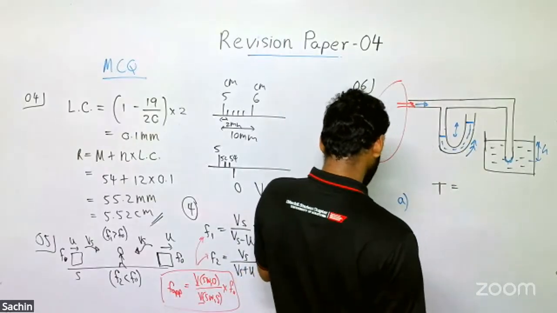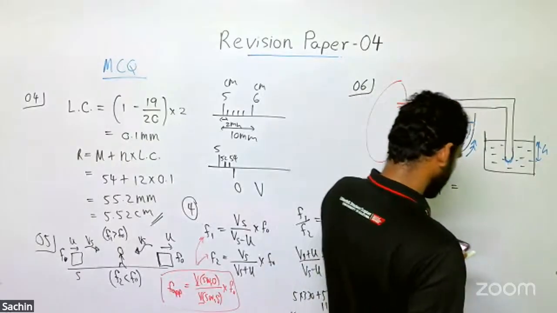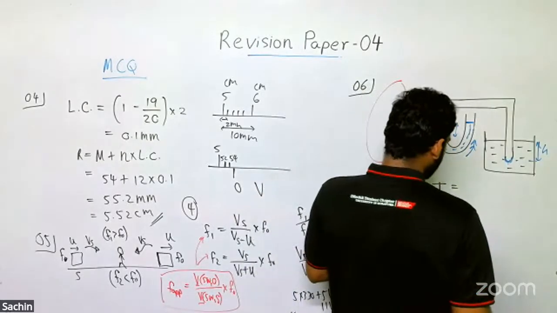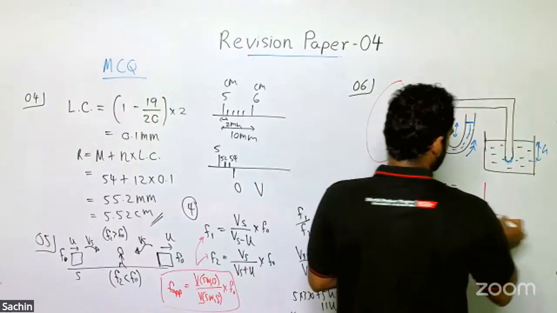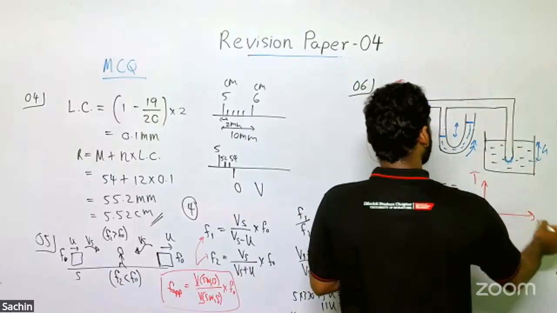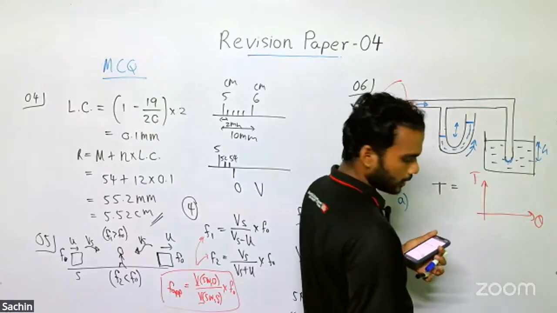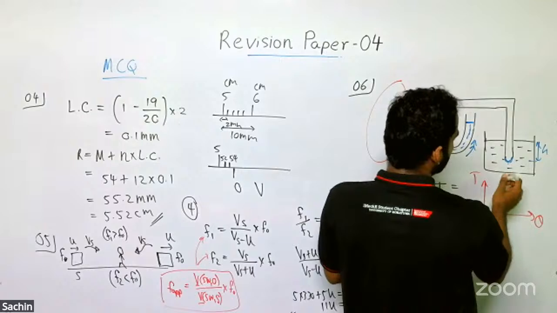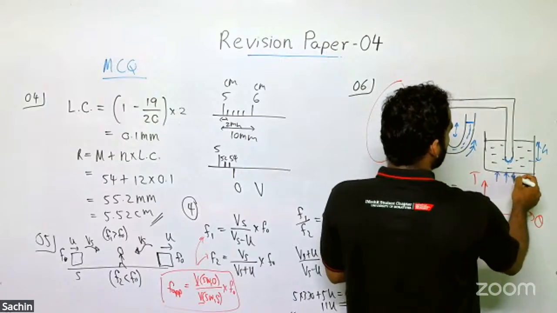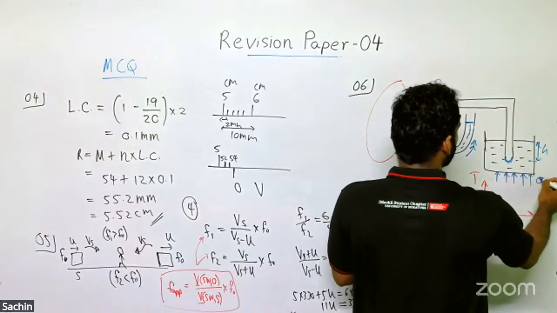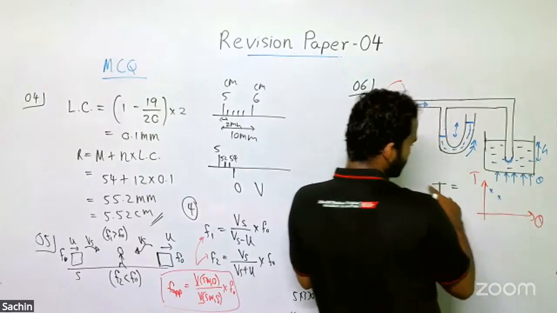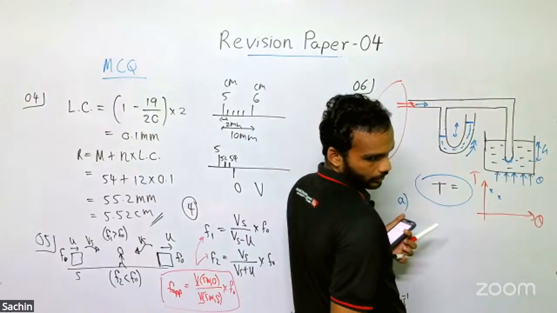Statement A: can find variation of surface tension of a liquid with temperature. Using Jaguar's method, we can evaluate the variation of surface tension of a liquid with temperature. How? We just need to heat up this liquid vessel to different temperatures. At different temperatures, you measure the surface tension using that theoretical equation.